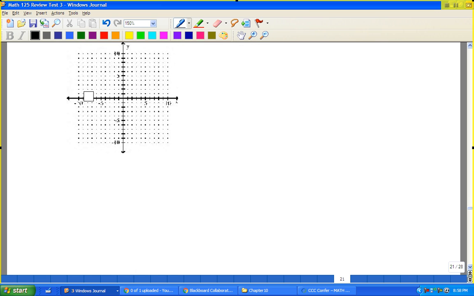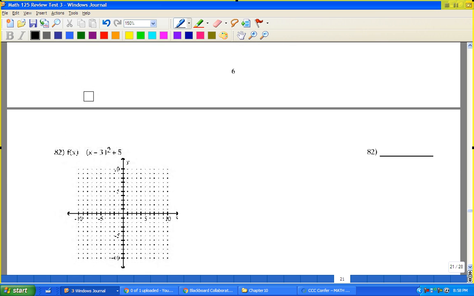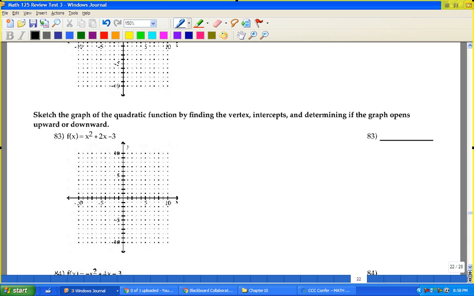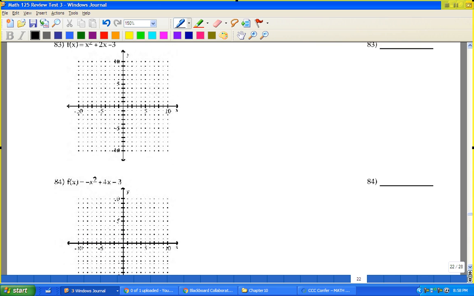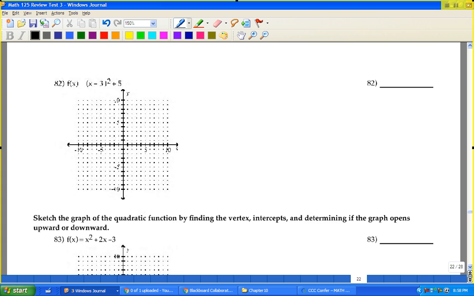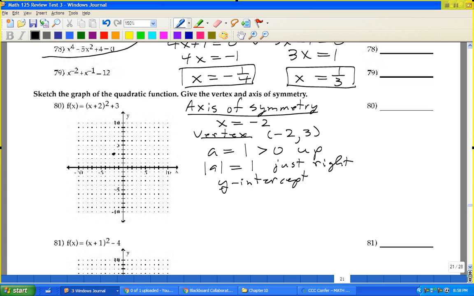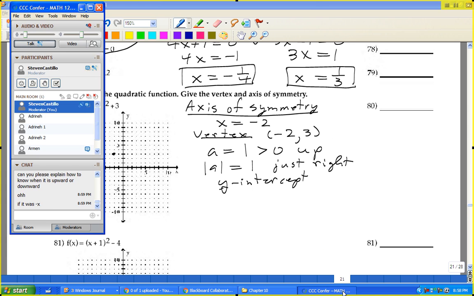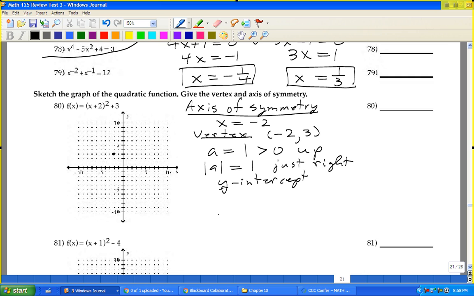If there was, oh, I guess we don't have any. None of them have some quantity in front. If there was a quantity in front, then it would, here, sorry. Yeah, if it was like a negative x squared, it would go down. So if there was something like y equal negative x plus 2 squared, then that's going to be going down. Okay?